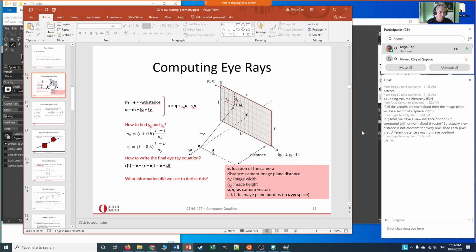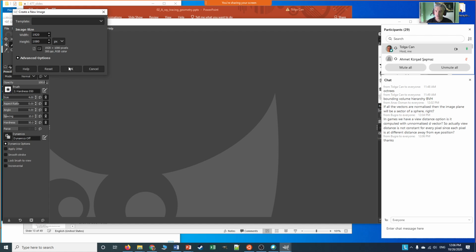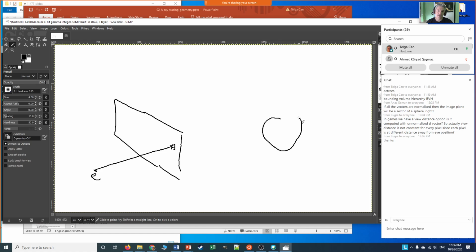Now, let me ask you a question. Imagine I have an image plane that is here, and this is my eye point E. I shoot a ray from this pixel, and it hits an object here.